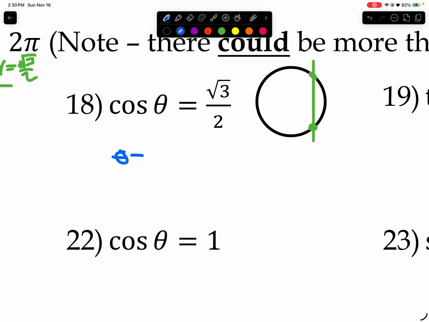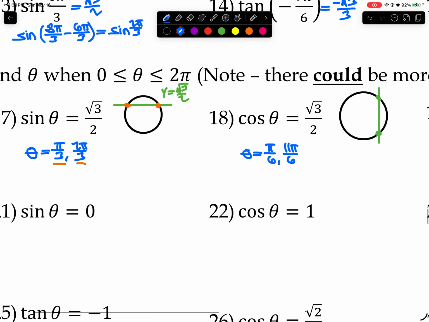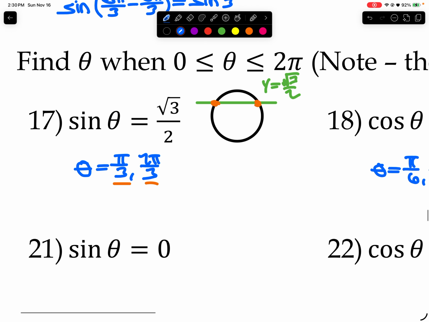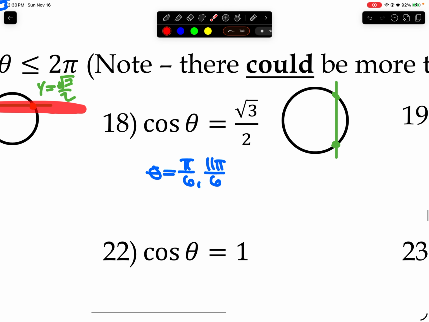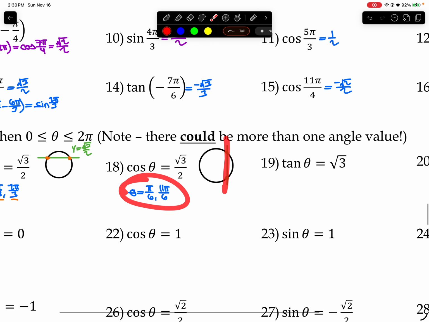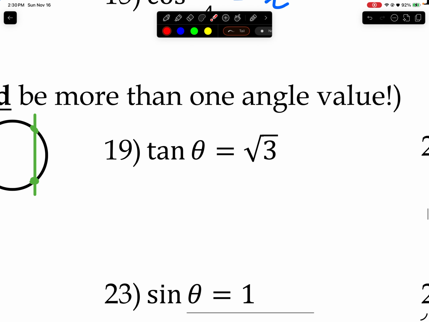So that means theta is equal to pi over 6 and 11 pi over 6. So when I look at sine, we're looking left to right to see what are the two values. If I'm looking for cosine, I'm looking up and down to see what are those two values. And then for tangent, this is where you're actually going to be looking diagonally.